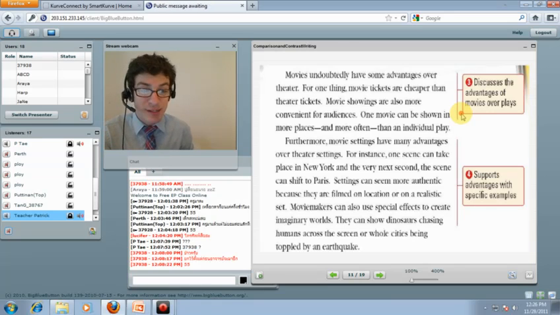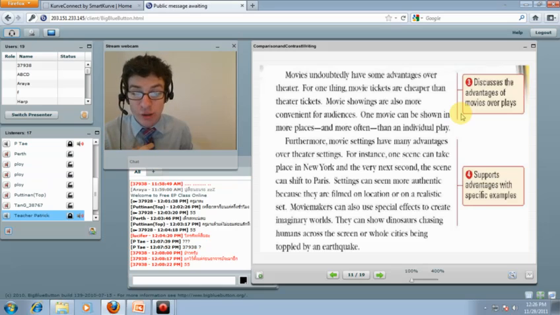Our first sentence has said what we're going to be talking about. So we're contrasting, first off, and we're talking about how movies are better. So let's keep reading. For one thing, movie tickets are cheaper than theater tickets. We've made a difference here. We've contrasted. Movie tickets are less expensive than theater tickets.